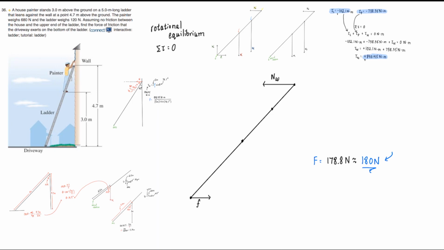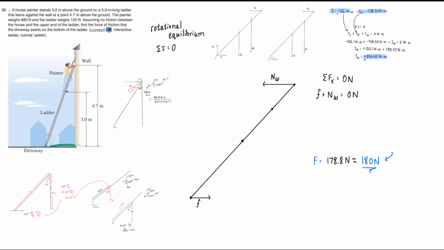And because this ladder is stationary and not moving in the x direction, the sum of the forces, the net force in the x direction, has to add up to 0. And the only two forces in the x direction are the frictional force plus the normal force. So these two have to add up to 0.